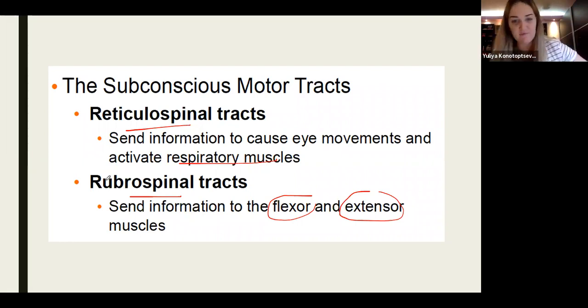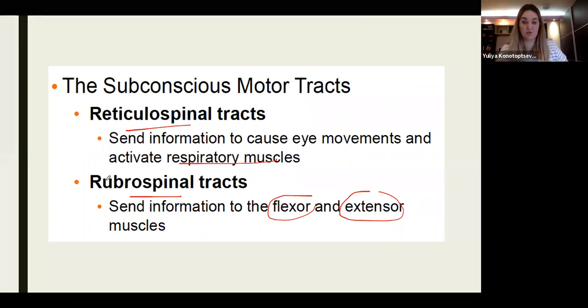You're grabbing the table not to fall. That won't be lateral corticospinal, because lateral corticospinal is voluntary. It will be the rubrospinal tract telling your flexors and extensors of the arm to stretch and grab the table as you're falling, because it's unconscious. It's your body trying to maintain its position.